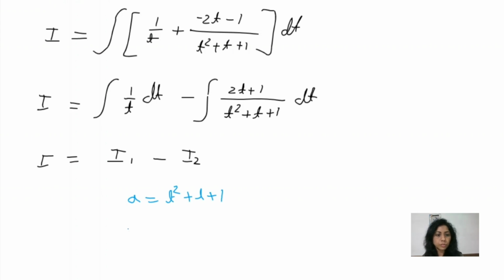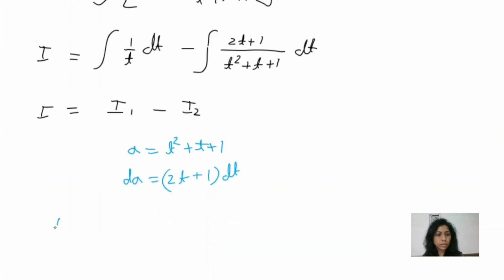When we differentiate, dA is equal to 2t plus 1, since the derivative of t is 1 and the constant gives 0, dt. You can see we get exactly this 2t plus 1 dt. Then I2 is equal to integration of 1 upon A dA, and we can easily integrate this.